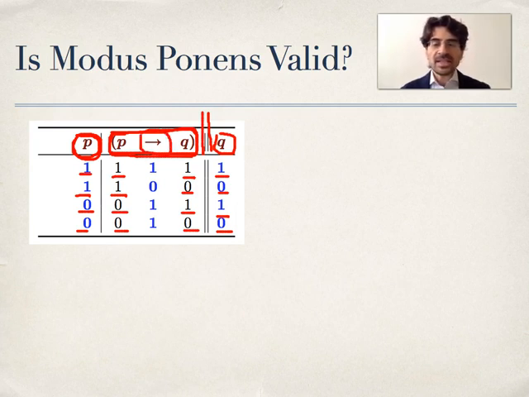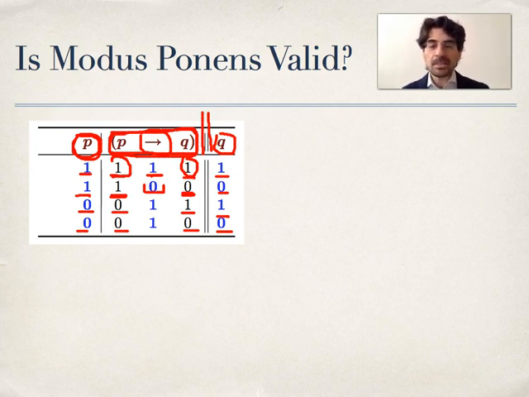Now, if the antecedent P is true and the consequent Q is true, then the implication has truth value 1. If the antecedent P is true, but the consequent Q has truth value 0, then we know that the implication has truth value 0. This follows from the truth table of the implication.